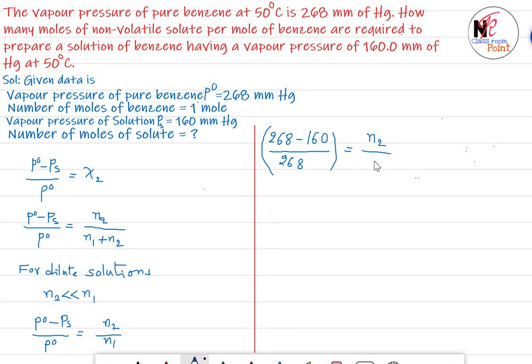The number of moles of the solvent is anyhow 1 mole only. By solving all of this we get 0.675. This is the answer of this question.